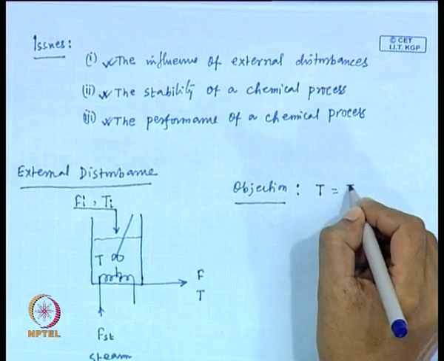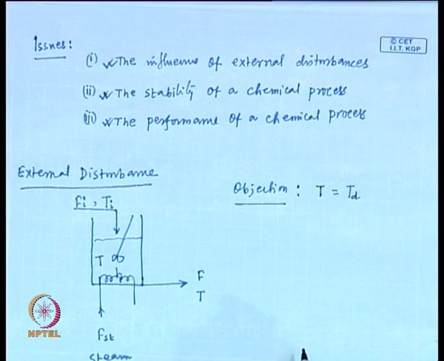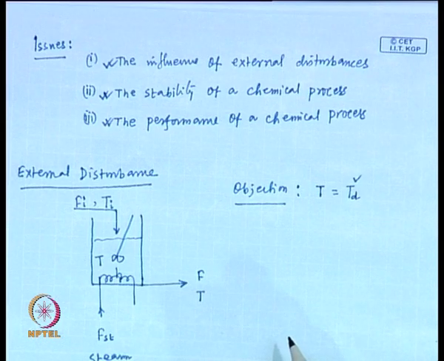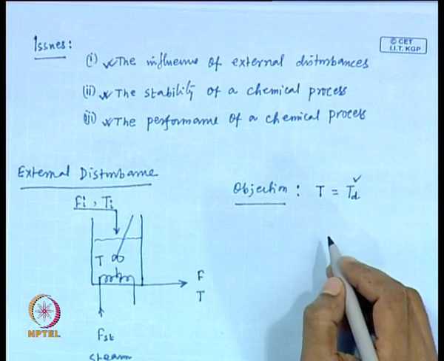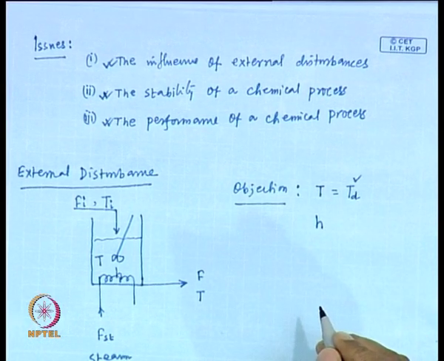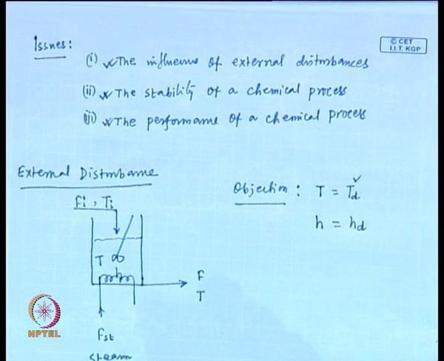That desired value is, suppose, T suffix D. The temperature of the liquid should be maintained at its desired temperature, that is T D. Similarly, the second objective of this process is we need to maintain the height of liquid in the tank at its desired value, that is H suffix D. Fine. So, these are the two objectives.